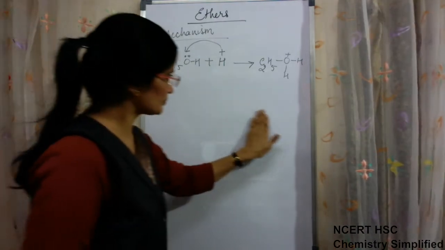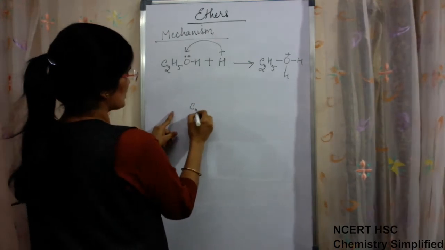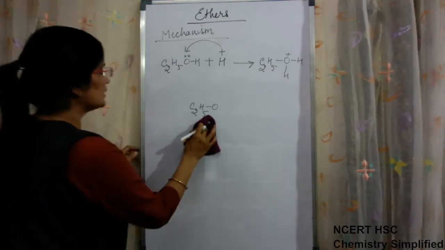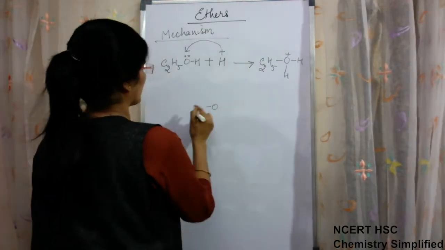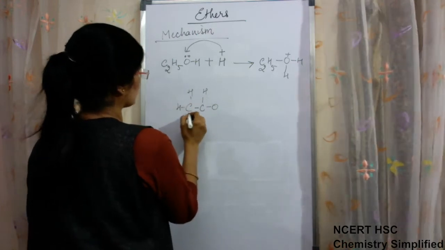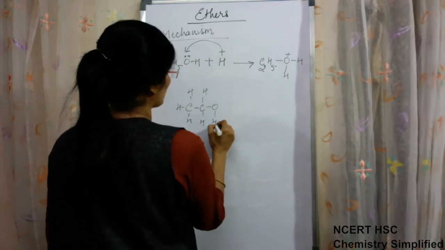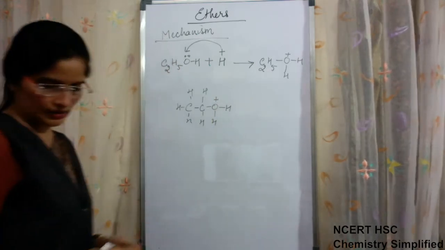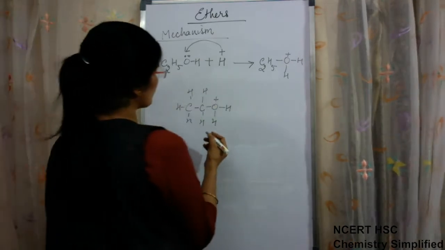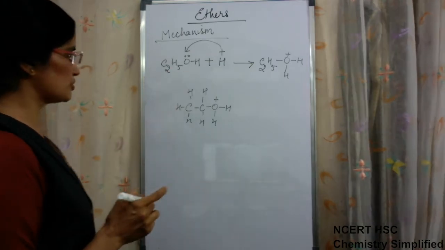Okay. Now, in the next step, this C2H5O, let me expand this C and C, H, H. H positive. Now, one step is over. In the next step, what happens? Another molecule of alcohol, because we are using two molecules of alcohol.